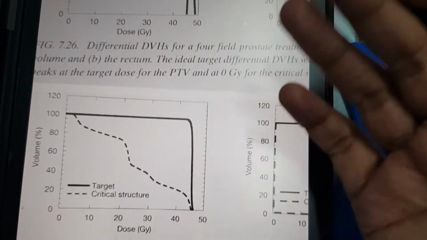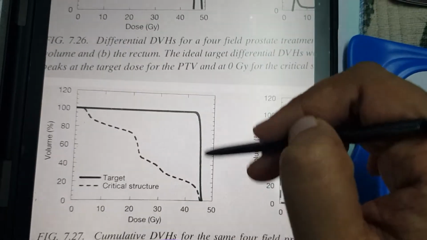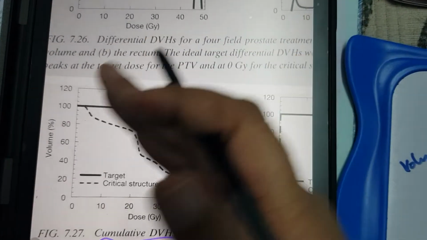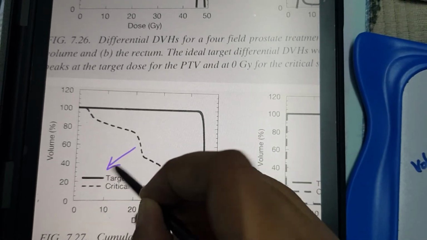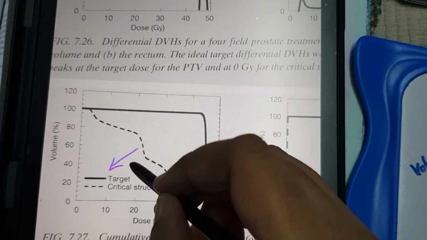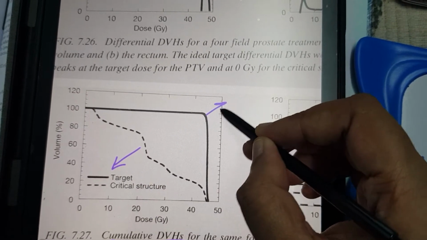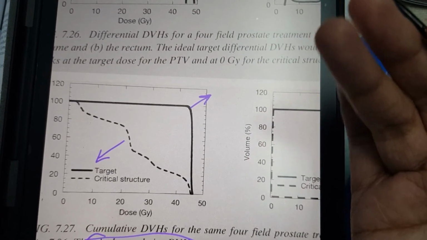This is how our normal cumulative DVH usually looks. That's our target or PTV, and that's our critical structure which we are trying to avoid. The more the curve goes downwards for the OARs, the better the plan is for the OARs, and the further it stays out for the PTV, the better for the PTV. That's when the plan is better.